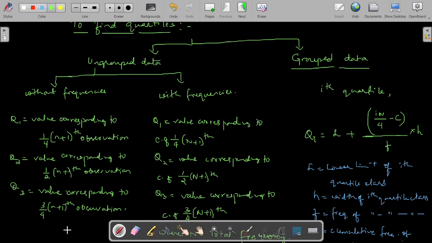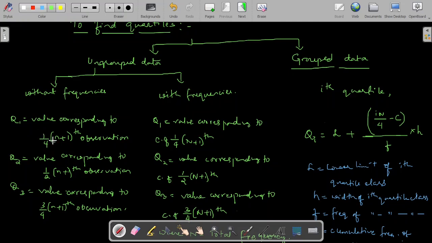If you have ungrouped data without frequencies and want to find Q1, the first quartile, it is the value corresponding to the 1/4 times (n+1)th observation. You have to arrange the data in ascending order first. Then calculate (n+1)/4, and find the value corresponding to the (n+1)/4th observation, that is Q1.